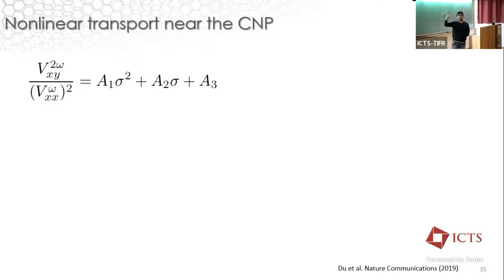So you can say the scattering is less, and using this A3 term you can calculate that. But the problem is that our system has both Vxx and Vxy 2 omega, so we can't really negate the scattering fully. In general, this A3 term has both scattering and Berry curvature dipole contributions, so we could not really isolate them. Okay, thank you.